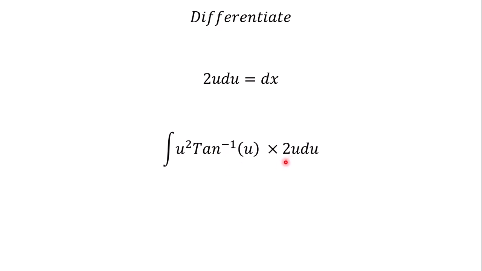This 2 here is a constant. We can bring it outside here, and then u times u squared will give us u raised to the power 3. So this integral here is going to give us 2 times the integral of u raised to the power 3 times tangent inverse of u.